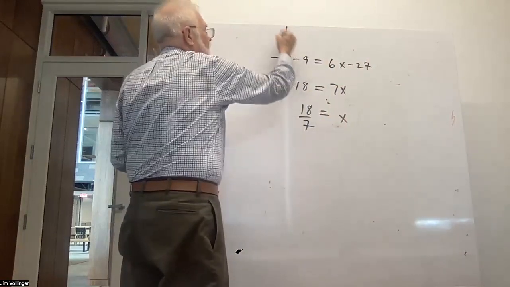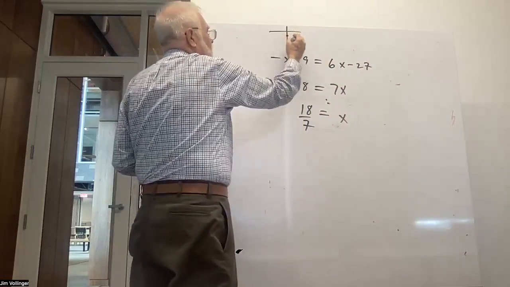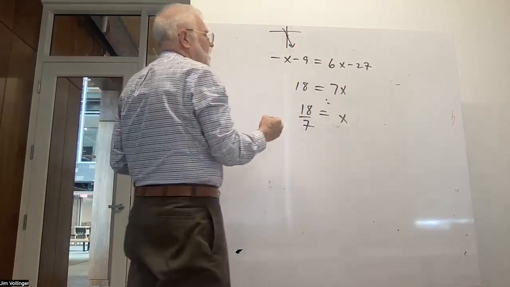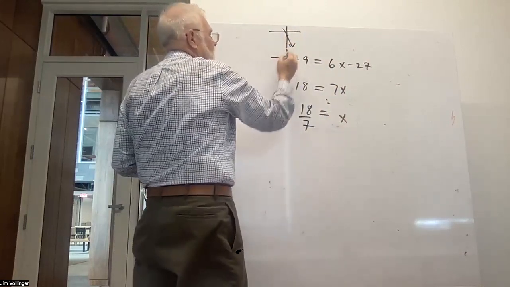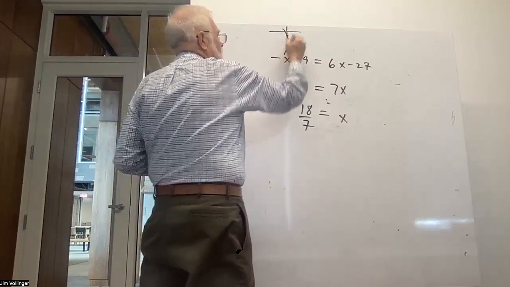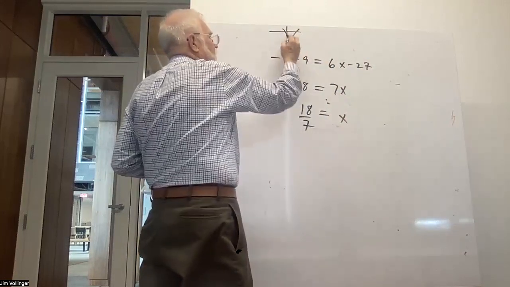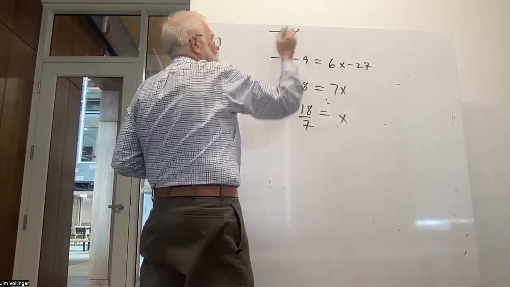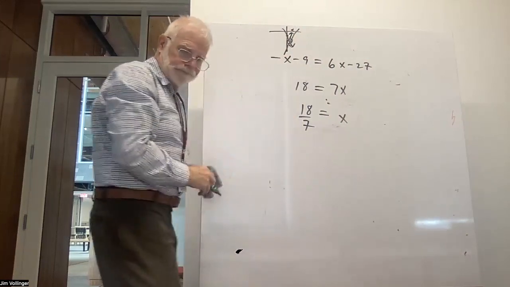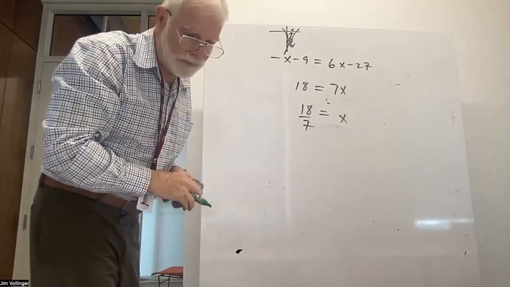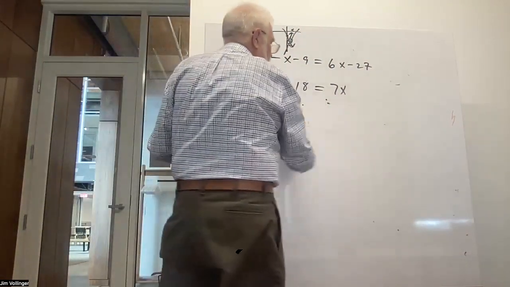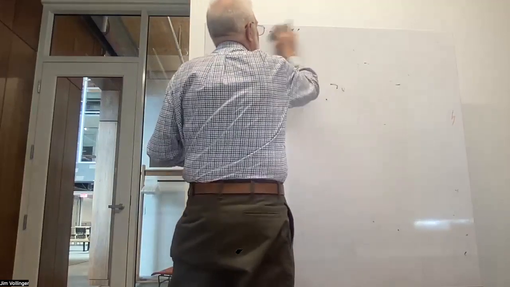Minus x minus 9. Let's call that minus 9 minus x, something like that. 6x minus 27, up 6 over 1. We can see that they intersect there at a small x positive value. That's what it was.